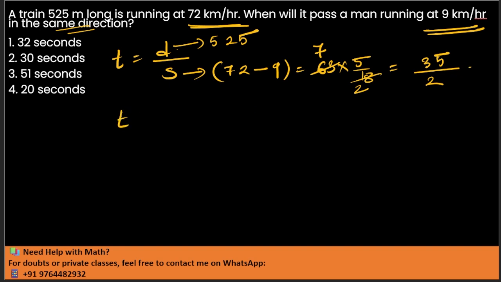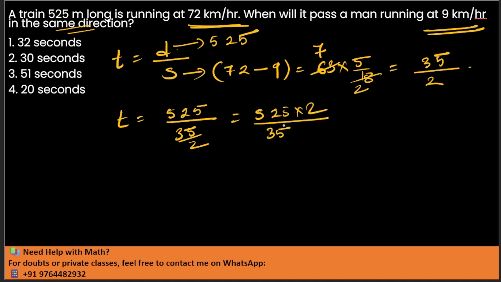So time is equal to 525 divided by 35 by 2. So it will be, this 2 will come here, so 525 multiplied by 2 and 35.